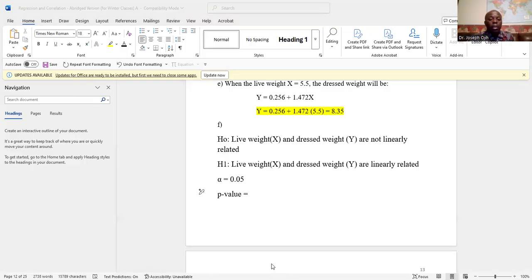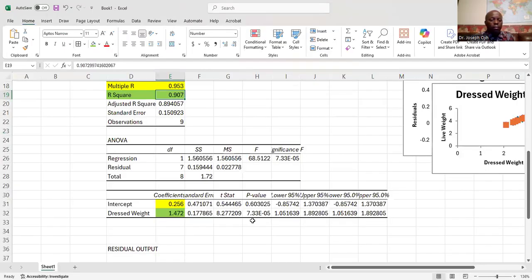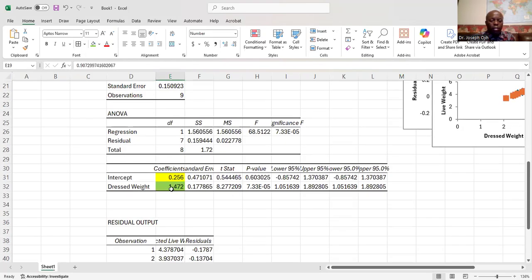Go to Excel and see our p-value. You can see this p-value right here for the dressed weight. They put it in scientific format, which means 7.33 times 10 to the power negative 5.